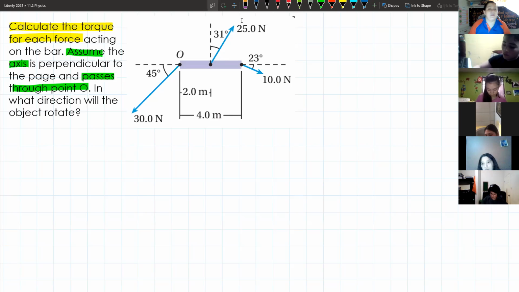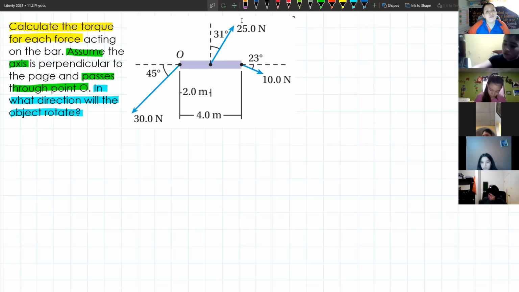It is in the point O, and then it's not asking me about the net torque, okay, but we're going to get the net torque just to answer the question, that is, in what direction will the object rotate?